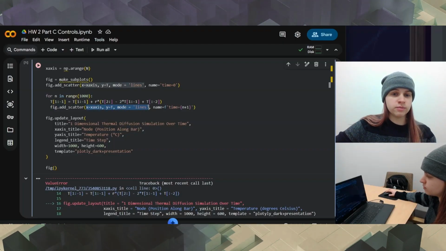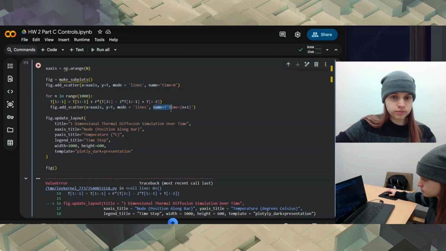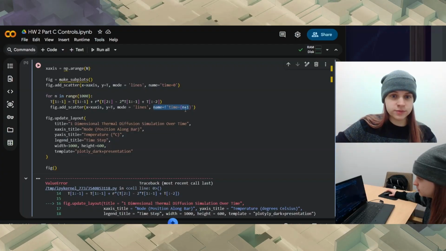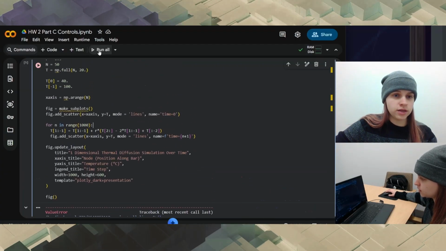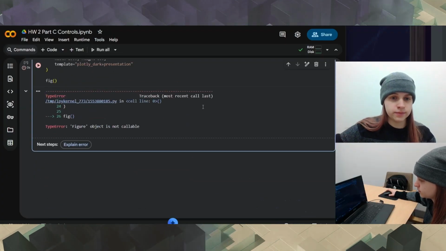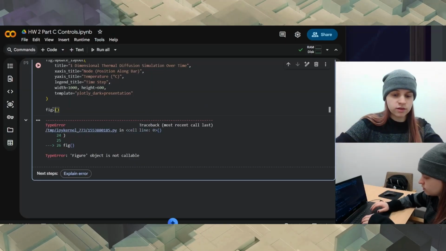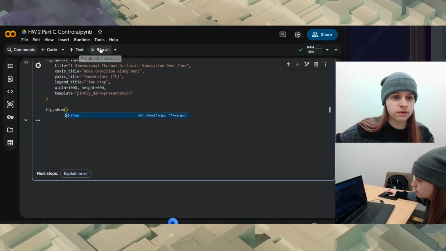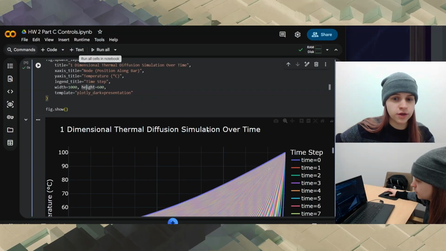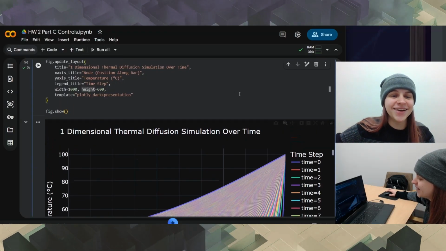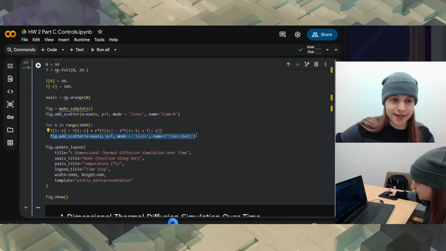We can do the mode as lines, set the name as a function, and the time is going to be equal to n+1. And let's see what this looks like. Does it show? I think it might be. Okay, and this will kind of explain why I just forgot to add this.